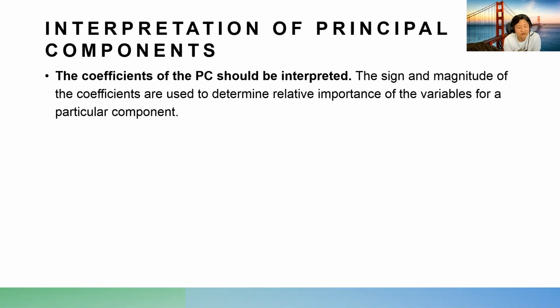If you extract 2 principal components, you need to interpret what those principal components are, what the components mean, right? Look at the sign and magnitude of the coefficients. For example, if a principal component has a positive, strong relationship with some satisfaction variables, maybe you could interpret that principal component as satisfaction.